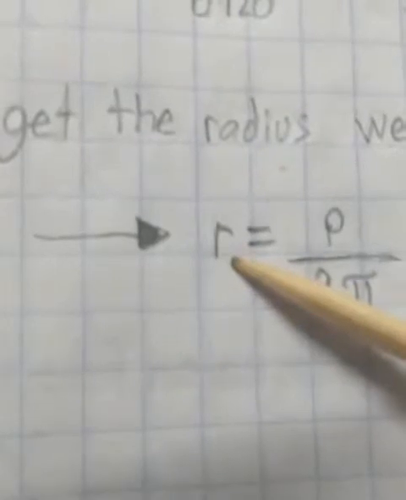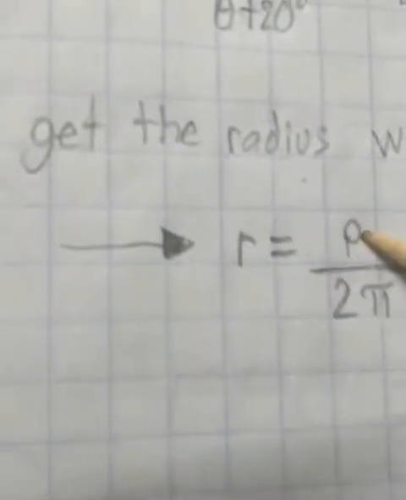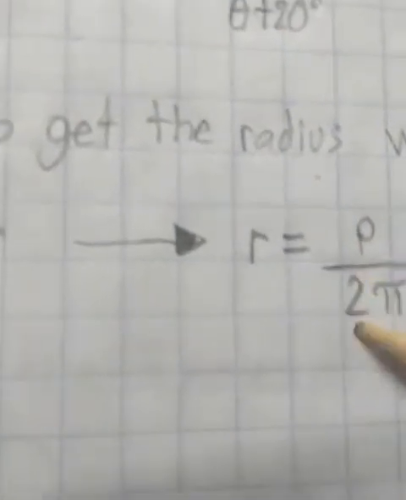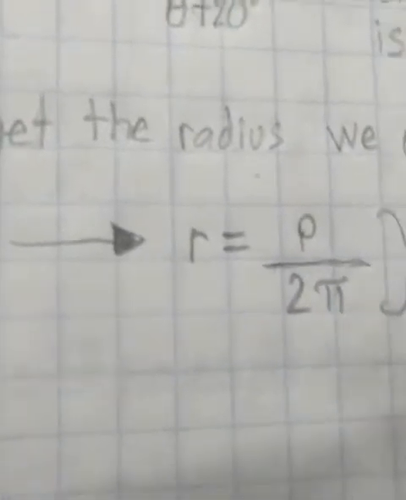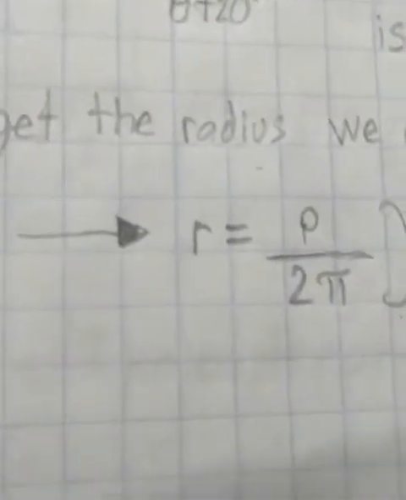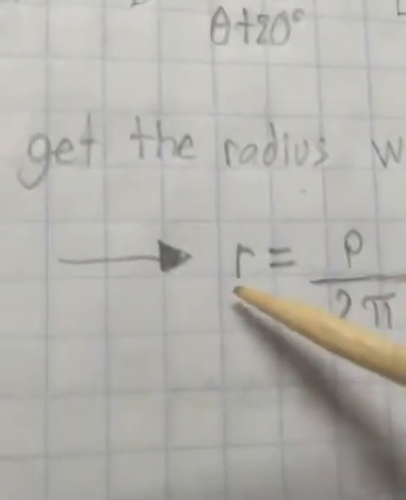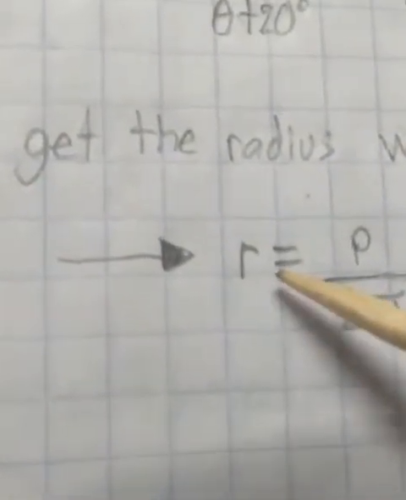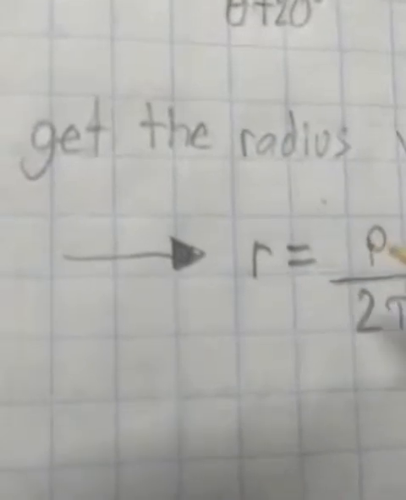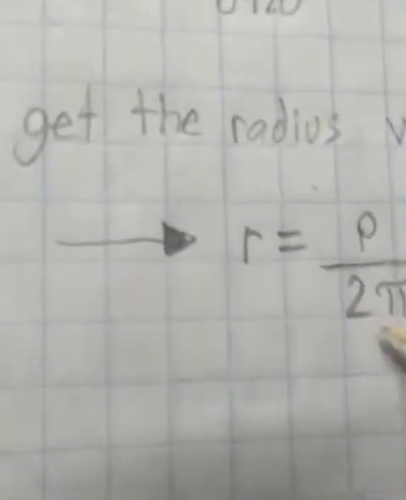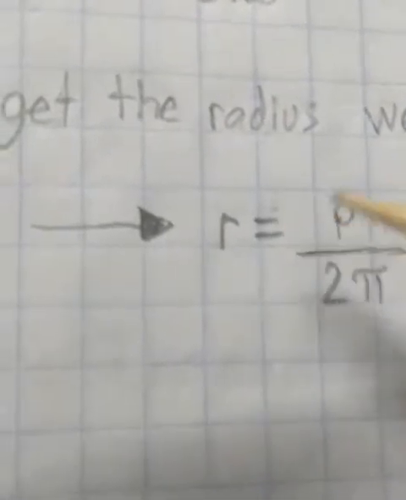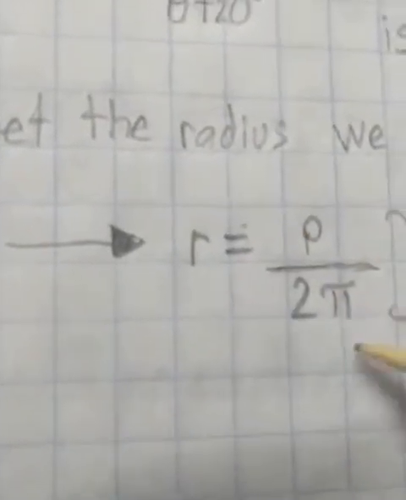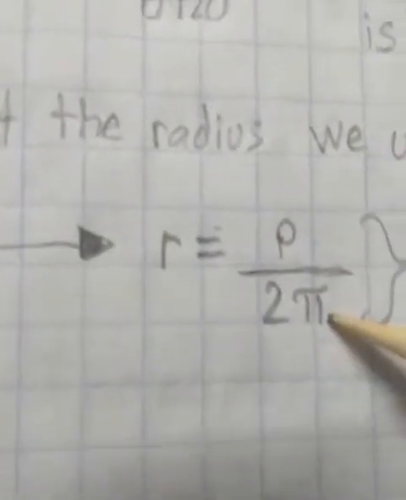So the radius is equal to the P, or perimeter, divided by 2 times pi. So this formula right here is the one that we use to calculate the radius of the Earth.